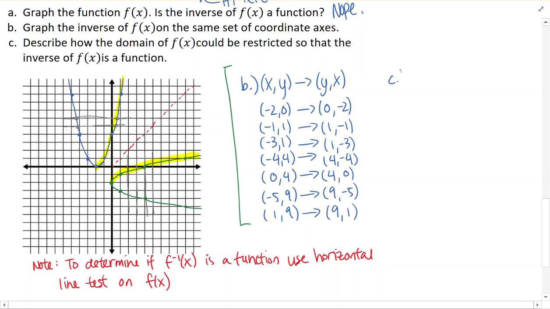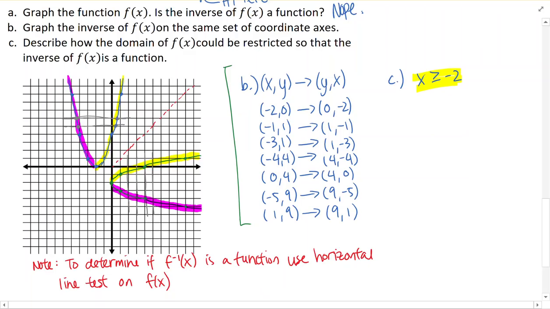So for letter C here, for this yellow part, if we restricted the original to only have values where x is bigger than -2, then that would work. I'm just going to highlight this yellow just so we remember. That means, you might have noticed, if you can restrict the top half of the inverse, we can also restrict the bottom half of the inverse, which would correspond with the left side of the parabola.